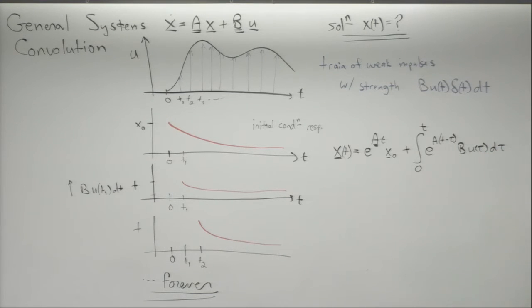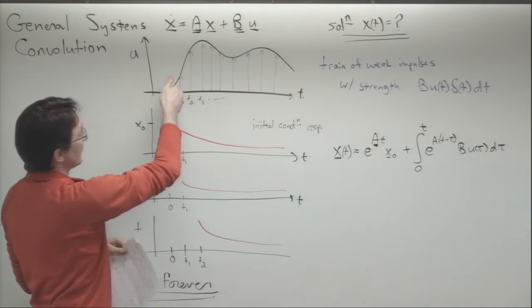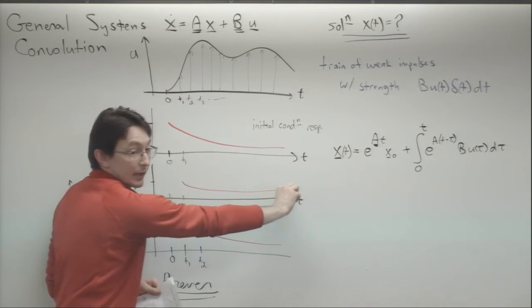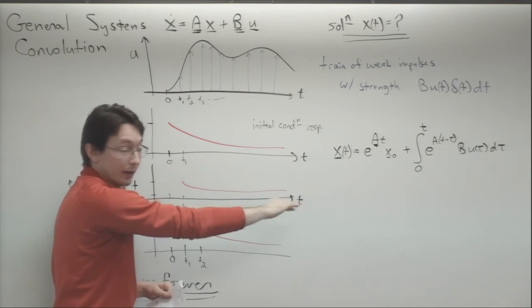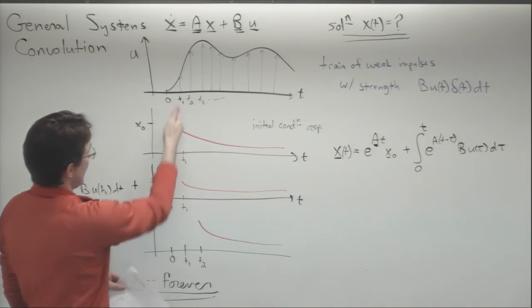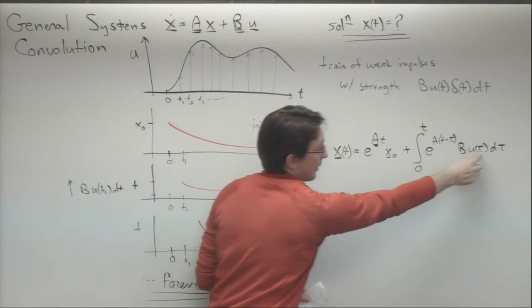Okay, let's think about this for a minute. So every one of these little infinitesimal impulses in U excites a little teeny tiny infinitesimal exponential decay that's shifted in time by the amount that it took that delta to turn on. Here that's tau.